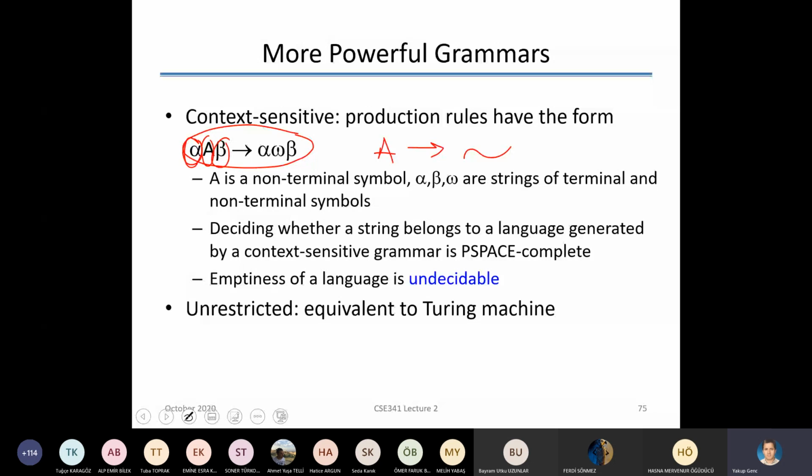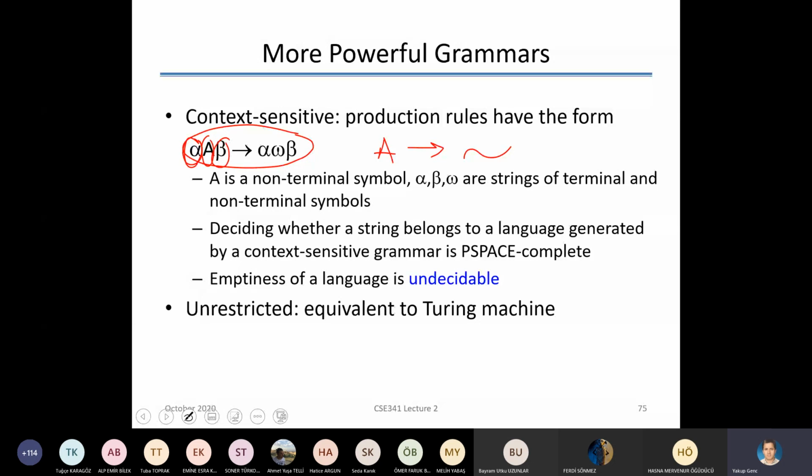People tend to just write rules for those instead of using a grammar. They write books explaining what is what, instead of writing a context-sensitive grammar. And there are even unrestricted grammars. These are equivalent to Turing machines.